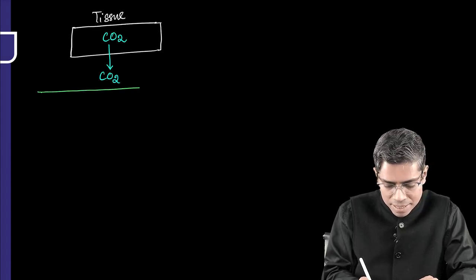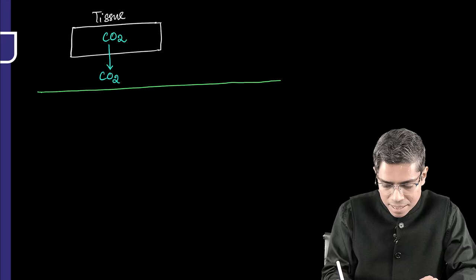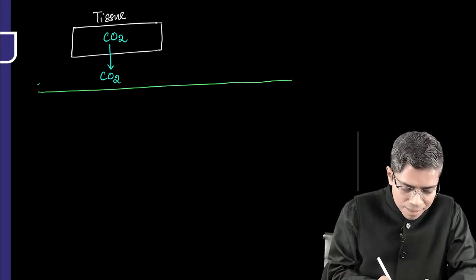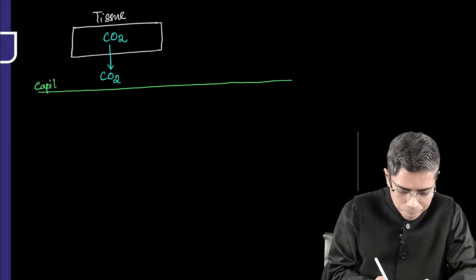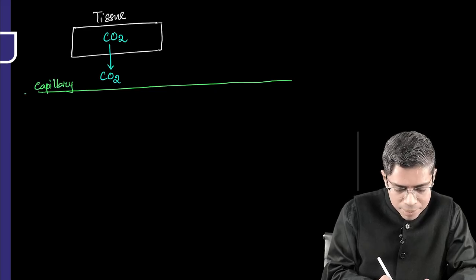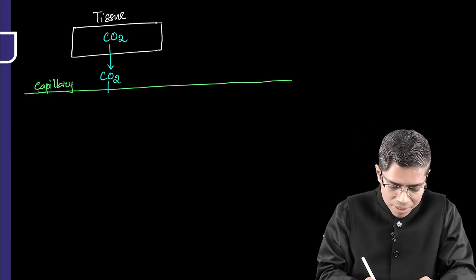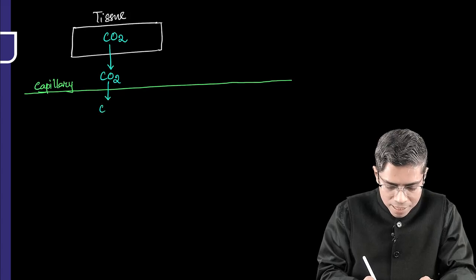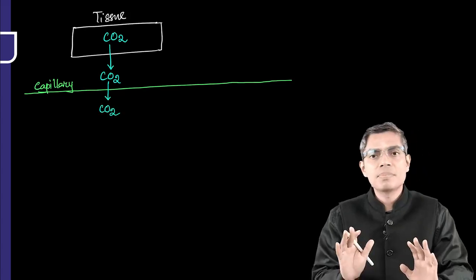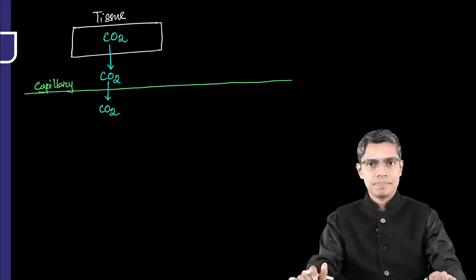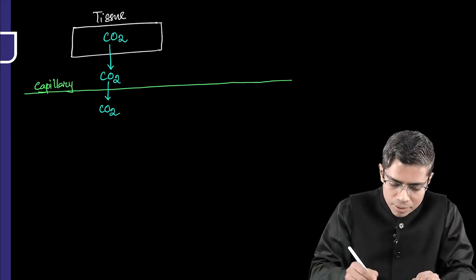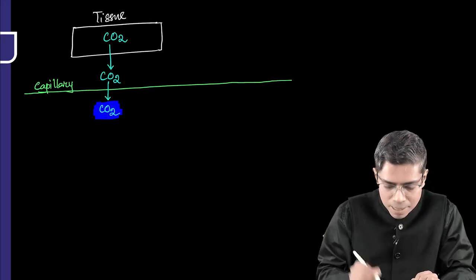This line indicates the capillary wall. This carbon dioxide will further penetrate the capillary wall and enter the plasma portion of the capillary first, right? So what is going to happen when this carbon dioxide is present in the plasma?